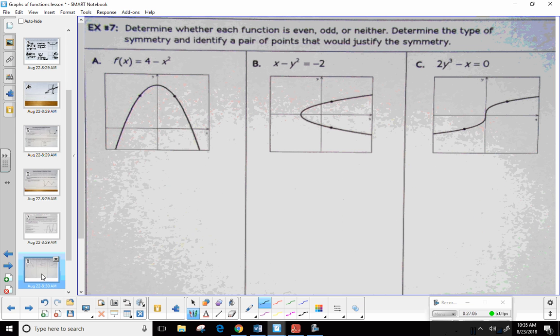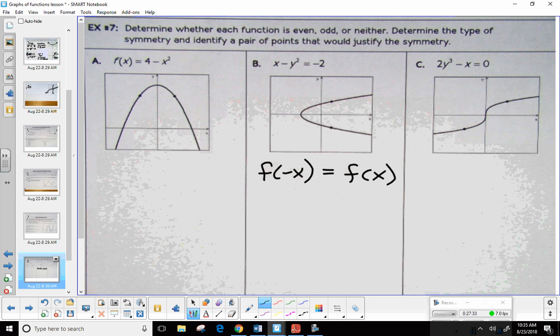Here's the last thing I want to do. I want to have just a quick review of even and odd functions. We talked yesterday algebraically. If I can take a function and replace x with its opposite, and I get the exact same function, does anybody remember what that was?